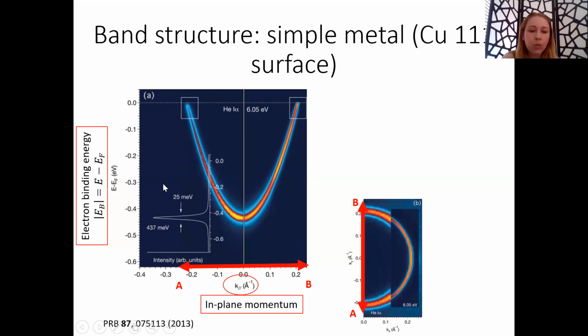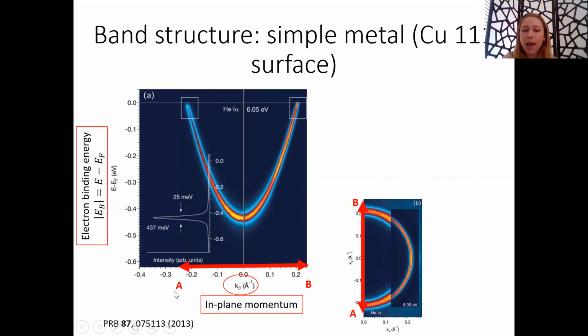Before I continue, I should mention that the momentum here is along some trajectory in momentum space. In this case, it is what is called a high symmetry cut that goes through the origin of kx and ky space.